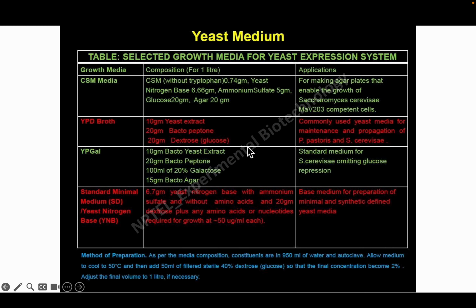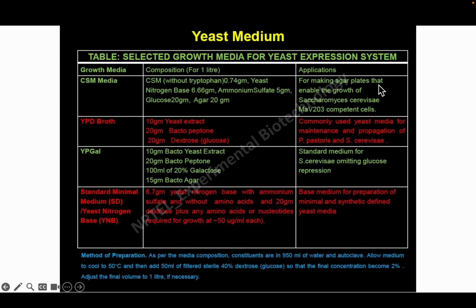Okay, so these are different yeast media. Selected growth media for yeast expression system. This is CSM media. The composition is CSM without tryptophan, yeast nitrogen base, ammonium sulfate, glucose, agar.